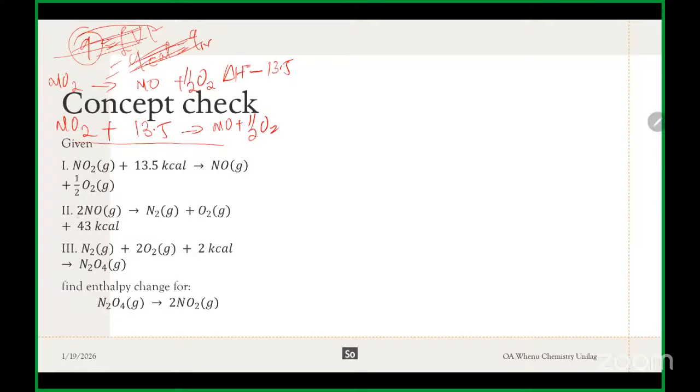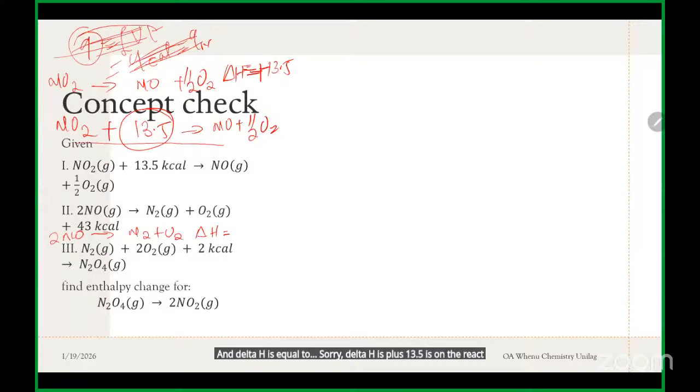Similarly, this one is 2NO going to N2 plus O2, and delta H is, sorry, 13.5 was on the reactant side. I apologize for that. Delta H is minus 43.